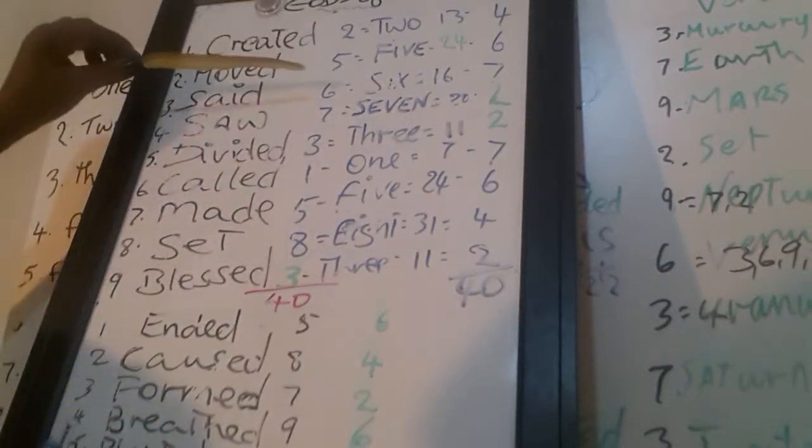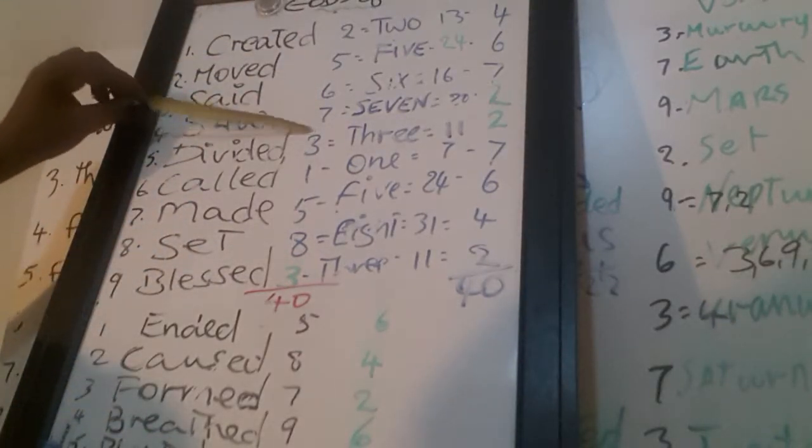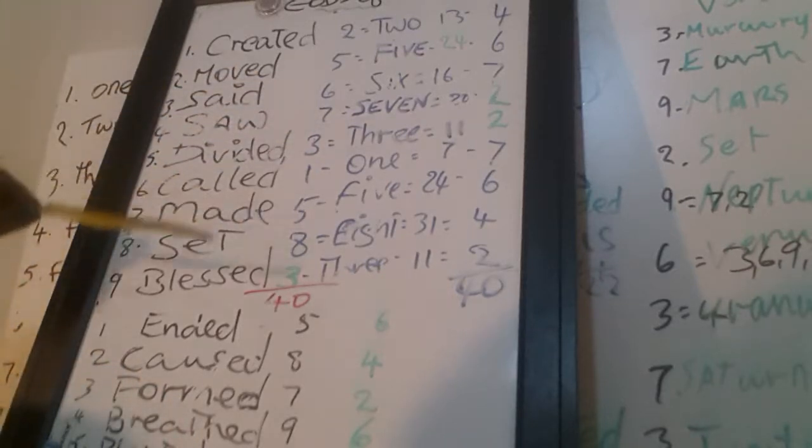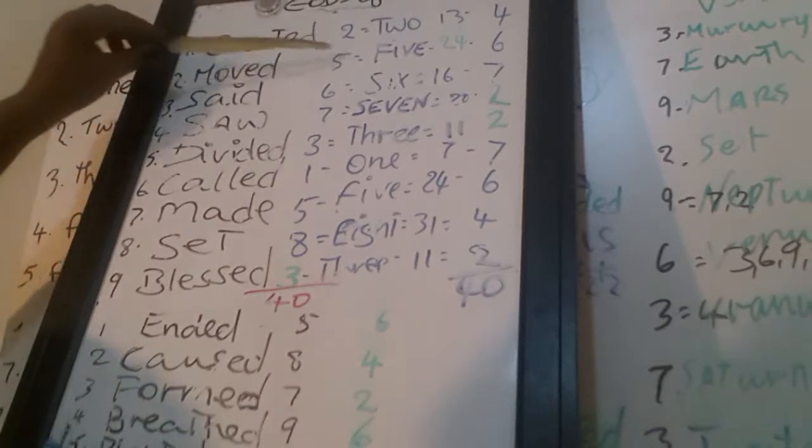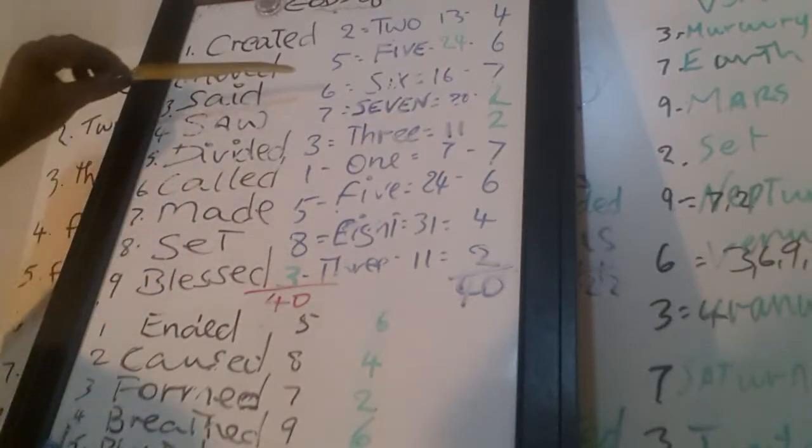So the blessed God, which is 3 here, is now in partnership with this God. The made God also with the moved God, of course, which is 5. They are in partnership as well with the ended God. And so these are the order we are meant to go.